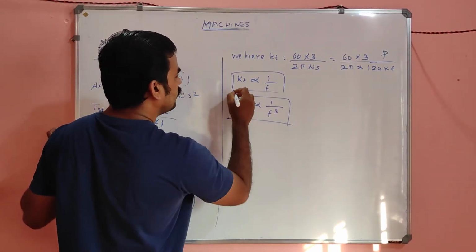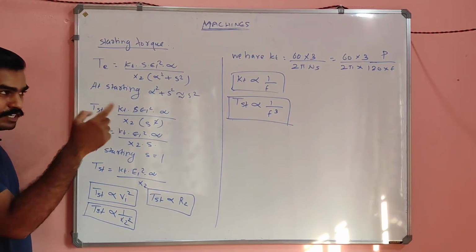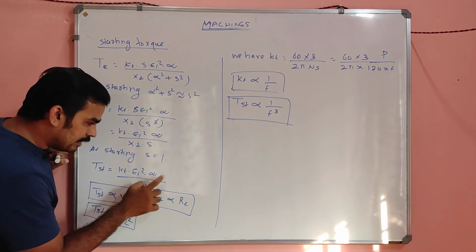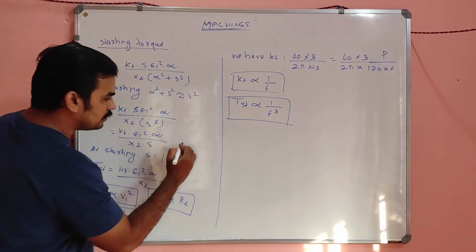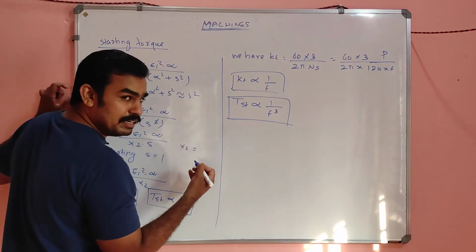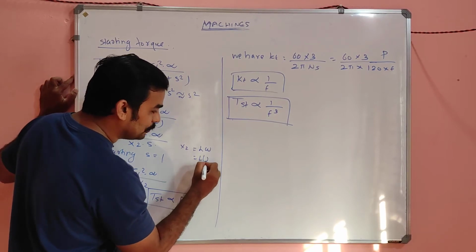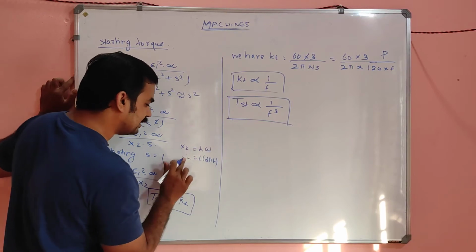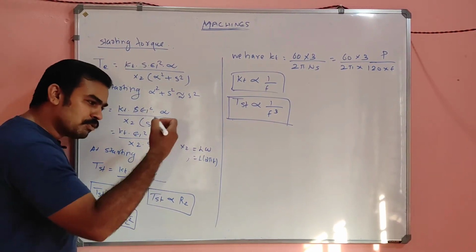Did you get the idea, my dears? Starting torque will be inversely proportional to f cube. I will tell you: this alpha contains R2 by X2, so the denominator will be X2 square. X2 is inductive reactance, which is L into omega, or L into 2 pi f. X2 is directly proportional to f, so X2 square means f square.